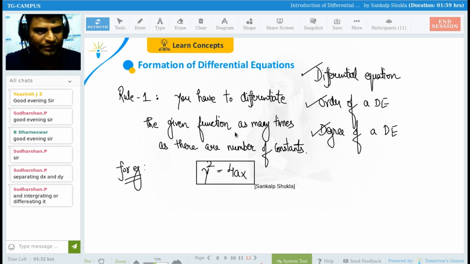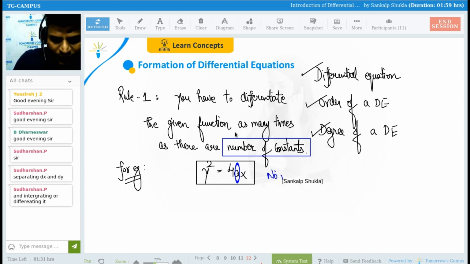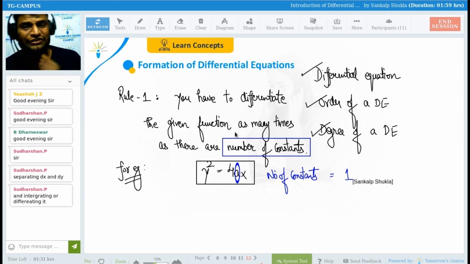You all know that it is a parabola. So y² = 4ax. The number of constants I'm talking about, Parikshit, how many constants are there? A is a constant, right? This a is a constant. So number of constants is 1. So you have to differentiate it 1 time.